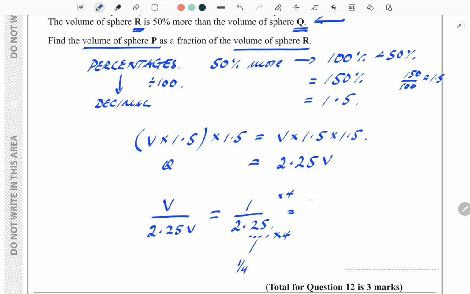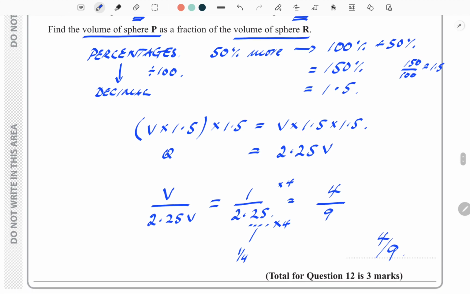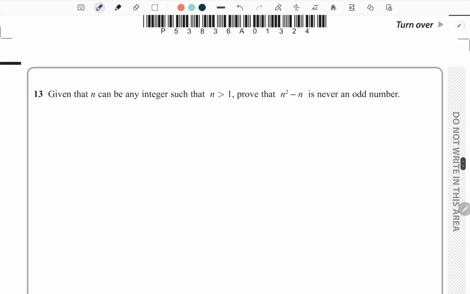So the top becomes 4, and the bottom is 4 times 2, which is 8, and 4 times a quarter is 1. That's 9. 4/9 is the fraction represented by the volume of P over the volume of R. All right, move on from there.